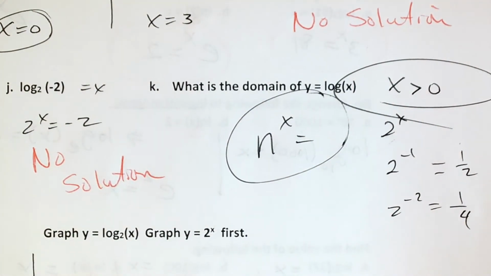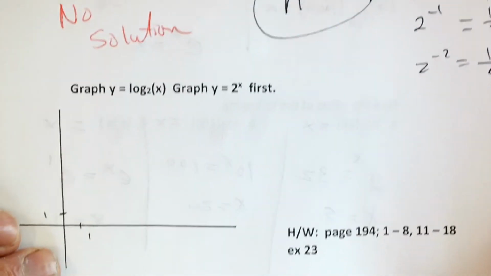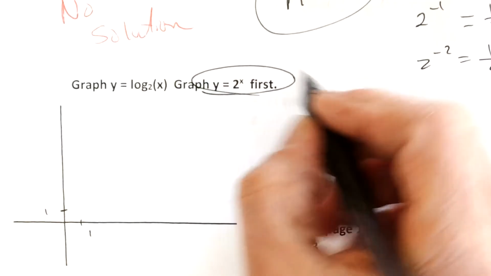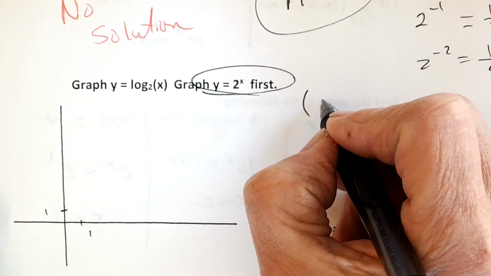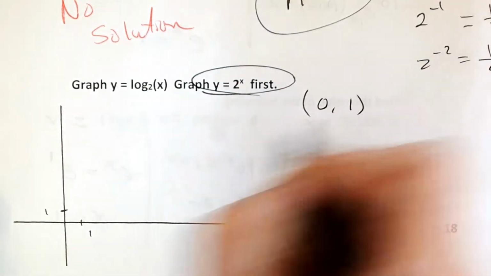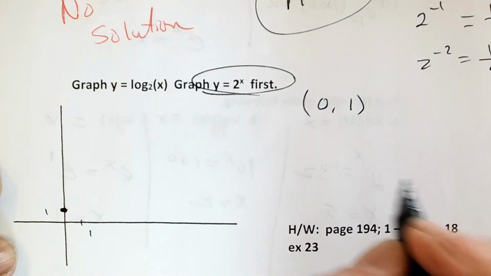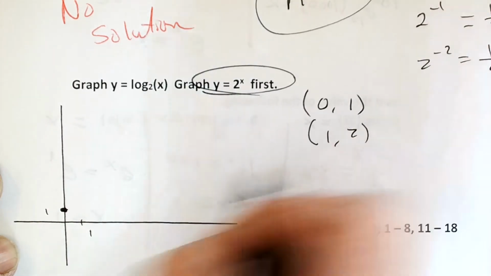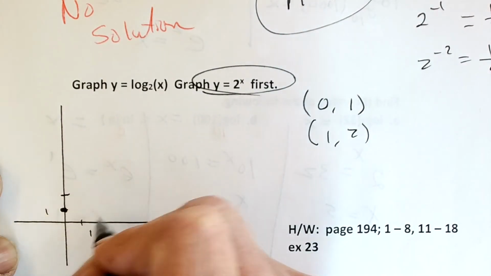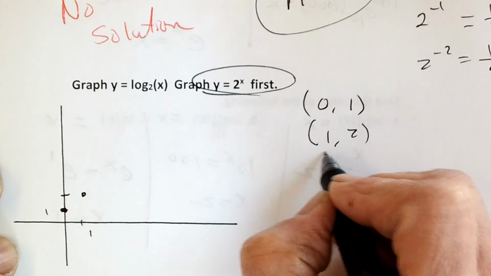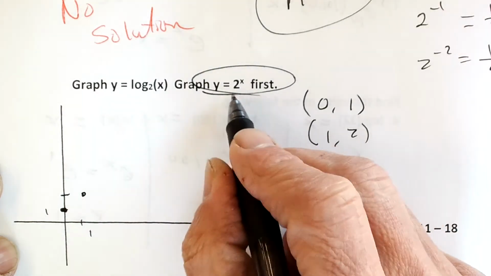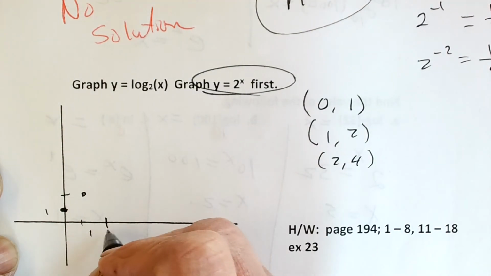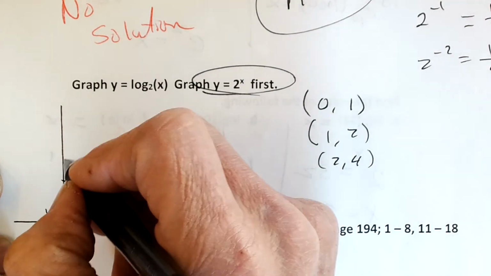So if I look at the graph, and I'm almost done with today's lesson, first we'll graph this one, and I'm going to use points. If I plug in 0, I get 1, so we'll plot 0, 1. If I plug in 1, I get 2. If I plug in 2, I get 2 to the 2 power, which is 4.